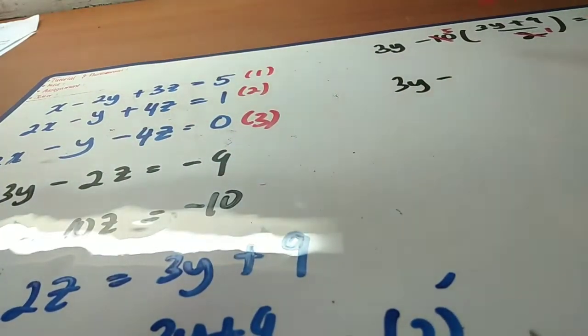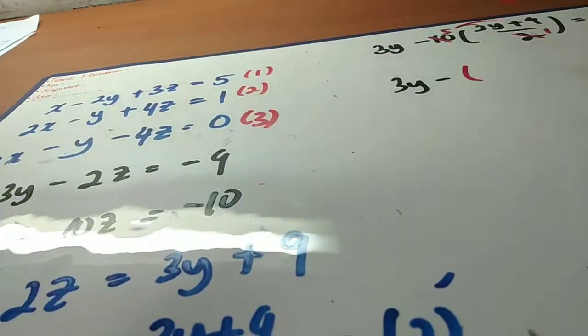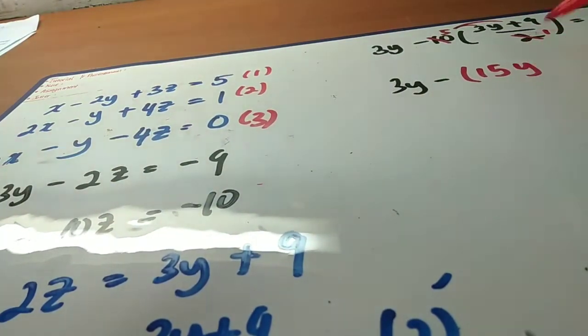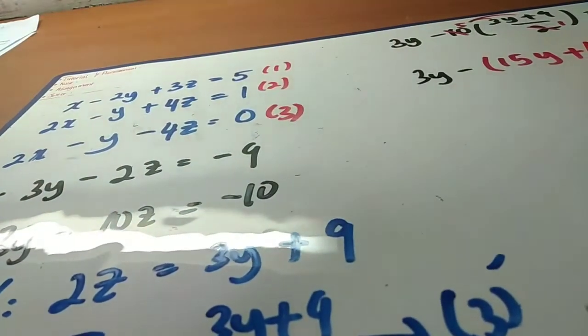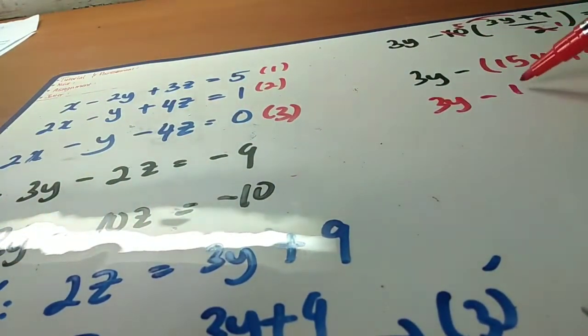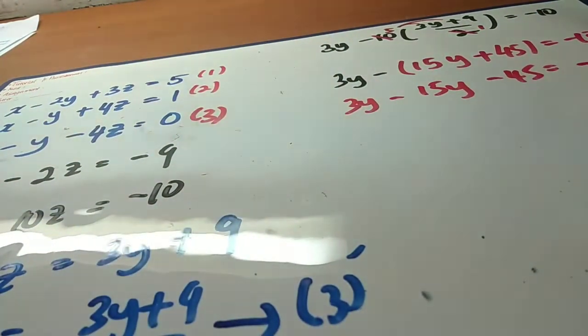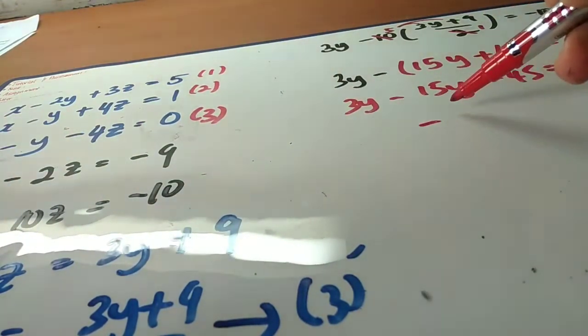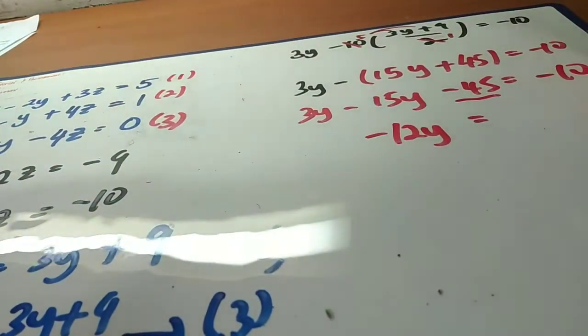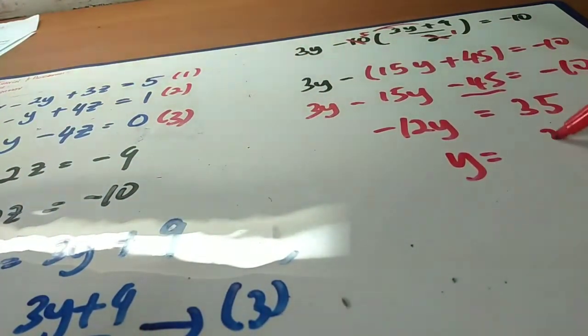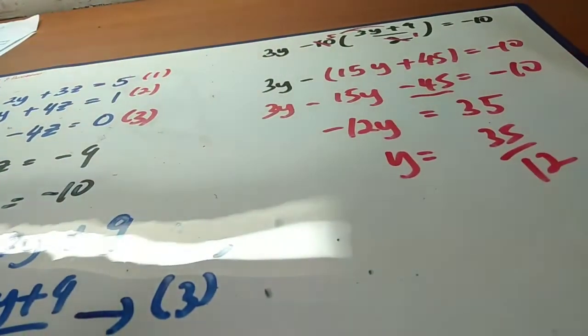So expand the bracket and you get 15y plus 45 equals to negative 10. So 3y minus 15y minus 45 equals to negative 10. So 3y minus 15y is negative 12y equivalent to negative 10 plus 45. You bring this to the right hand side, so it becomes positive 45 minus 10, which is 35. So we get y equals to 35 over 12, and I think this is the simplest form.